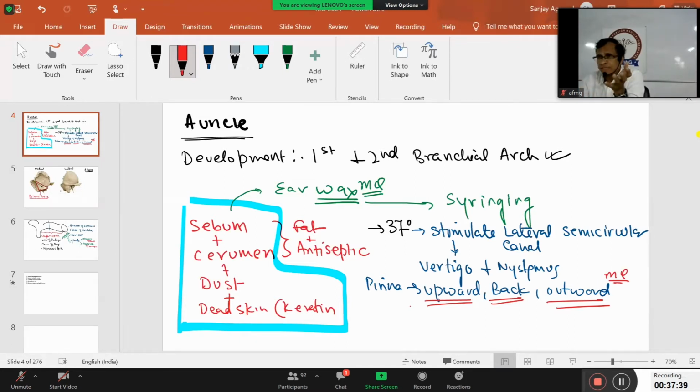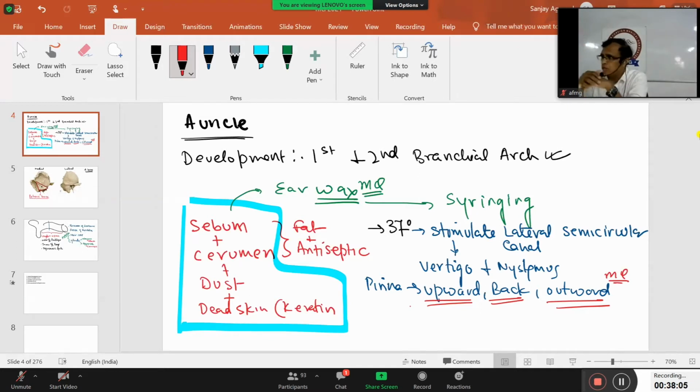If it is an inanimate object, you just do the syringing and remove it. But if it is a living thing, you first kill it and then remove it. That's the whole point. Now, how do you kill it is the question. You have to put a few drops of oil in the canal. That's simple. Any edible oil, like mustard oil or sunflower oil, or hair oil.